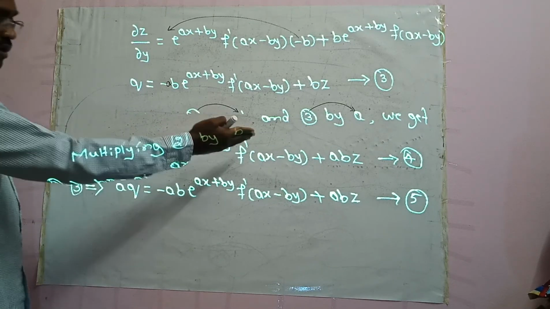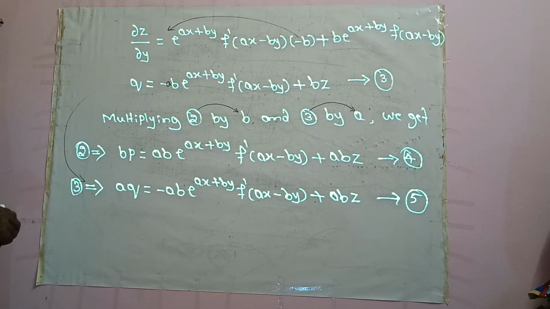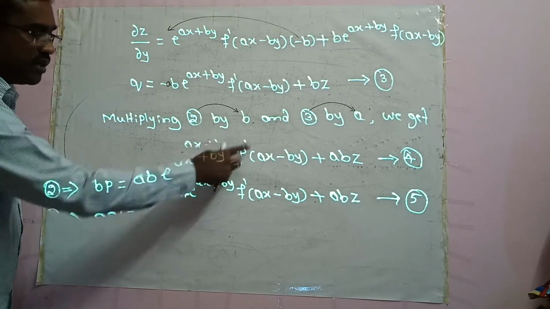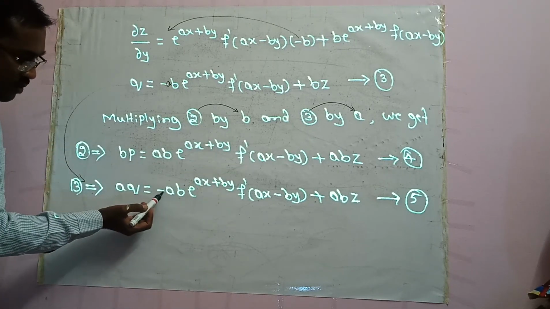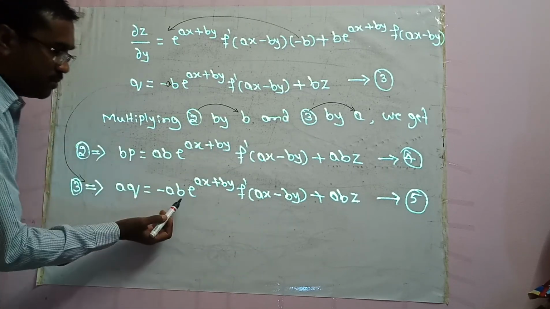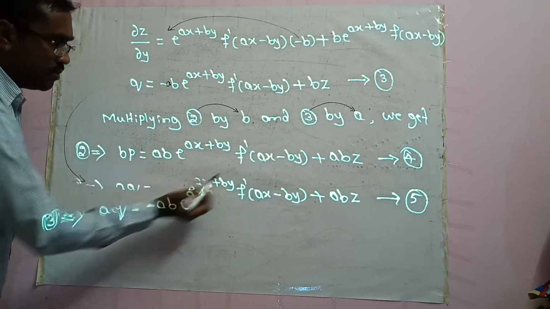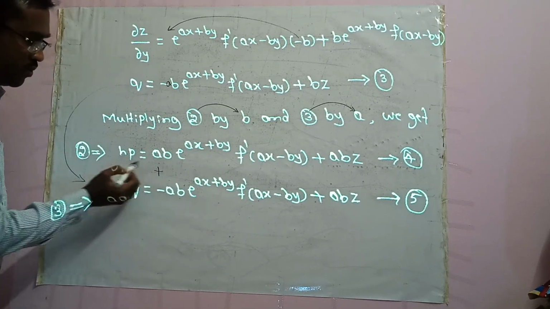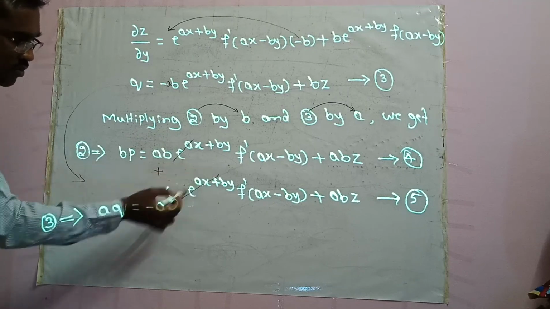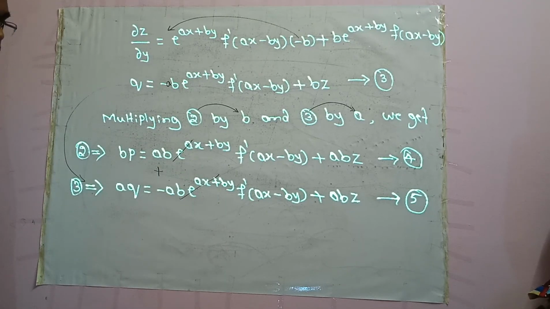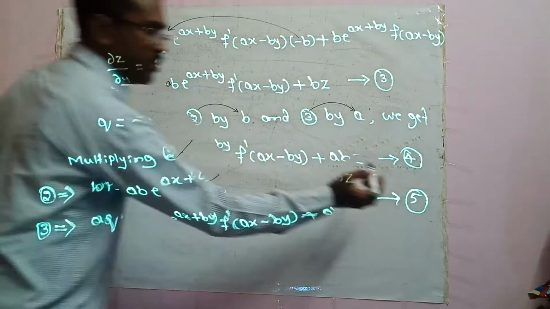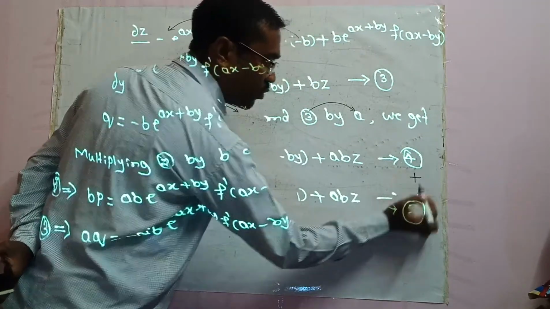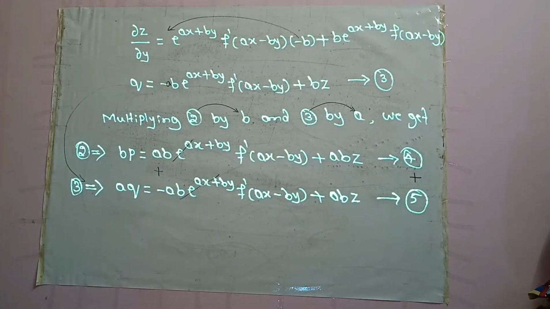If you observe 4 and 5, what operation we need to apply to cancel f dash? See, here we have minus the term, plus the same term. So if you add this term and this term, whole term will get eliminated. What is the operation we need to apply? We need to add 4 and 5.